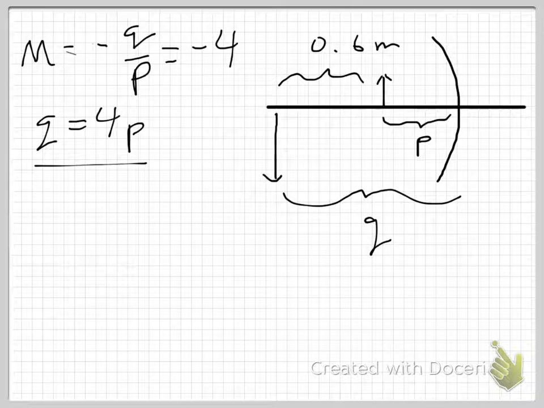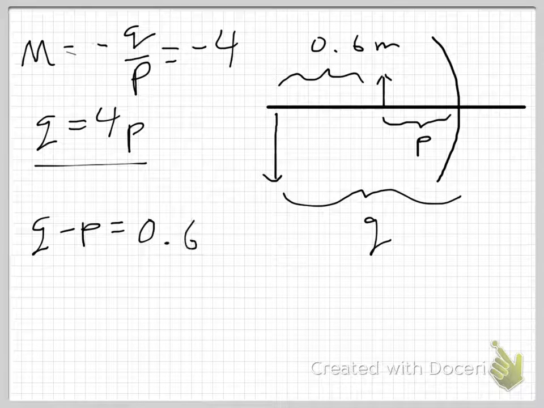We're also told that the distance between the object and the image is 0.6 meters. Just from looking at this picture, from the geometry, from the way we define Q and P, P is the distance from the object to the point of intersection of the principal axis and the mirror. Q is the distance from the image to that same point, and the distance between the object and the image is 0.6 meters, so I can immediately form, just from the algebra, Q minus P is equal to 0.6 meters.